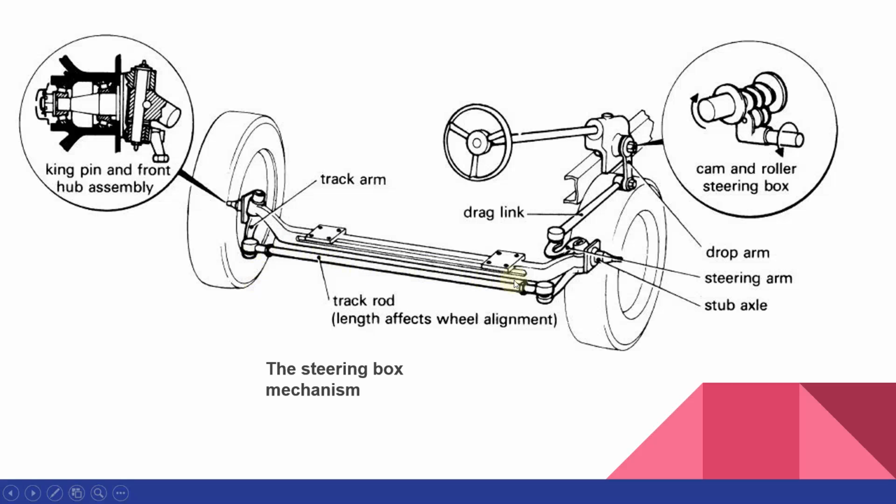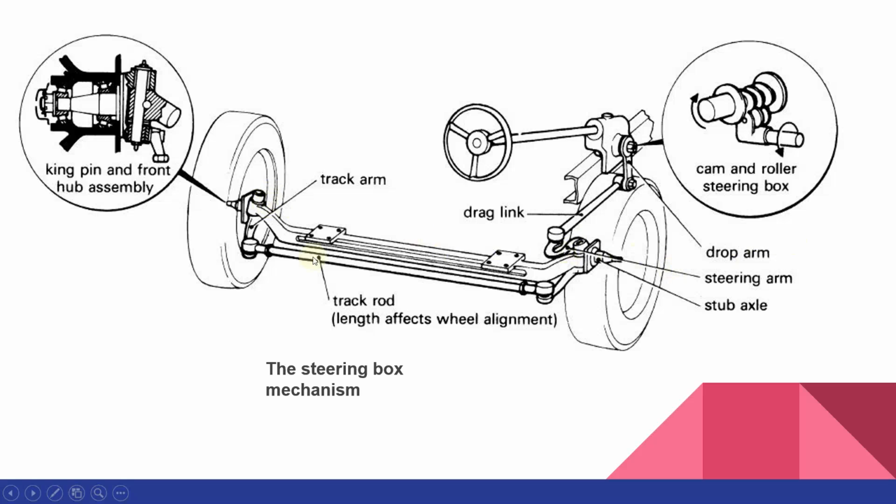In the earlier mechanism which we saw, we have the fixed axle, and we have the stub axle on which we have the wheel hub and the wheel mounted, and we have the track rod or the tie rod, and the tie rod joint, and this is known as the kingpin and the front hub assembly.